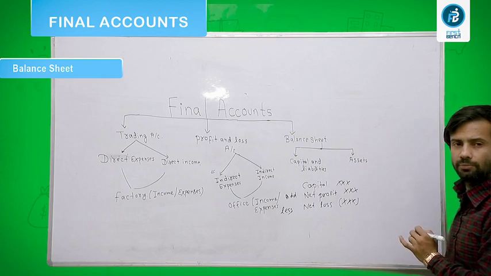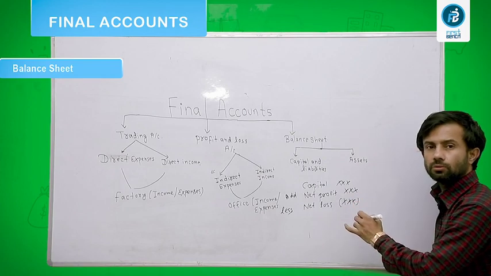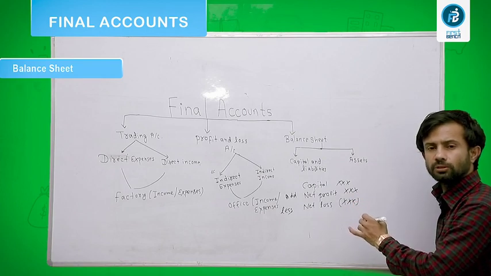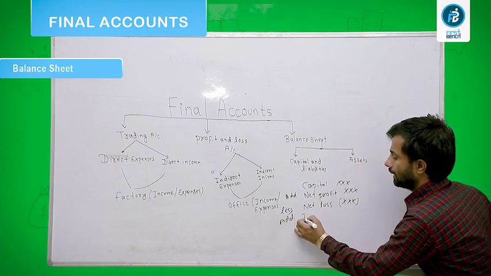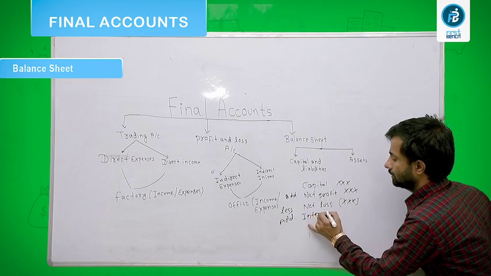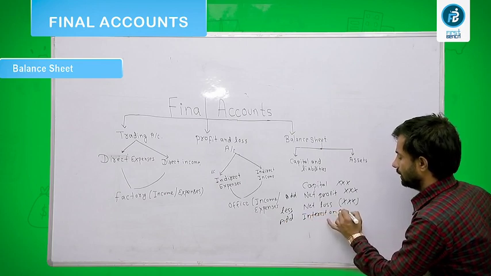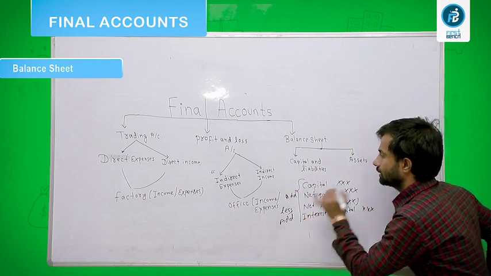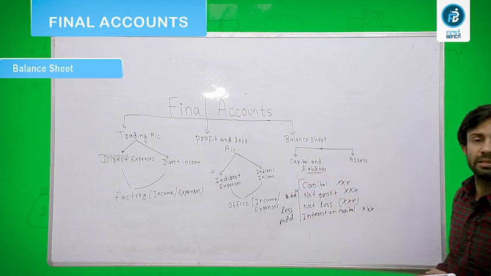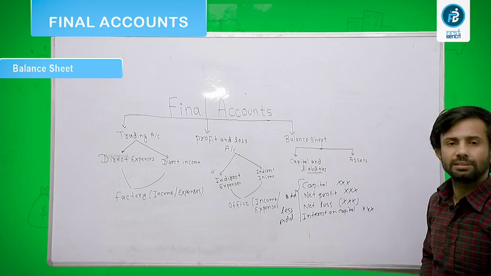According to the double entry bookkeeping system, a bracket is used to indicate loss. And if there is interest on capital, we have to add it. These are the adjustments for capital, and after adjusting capital, we will write the liabilities.